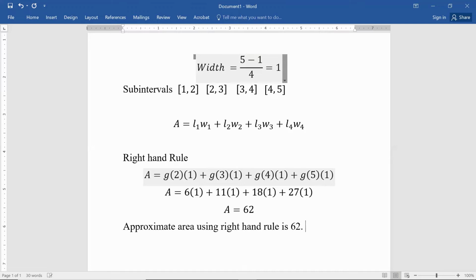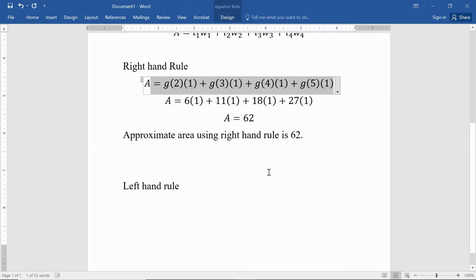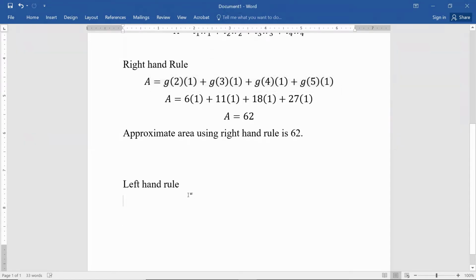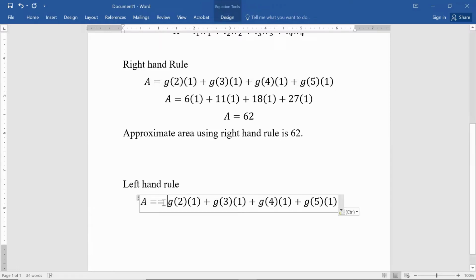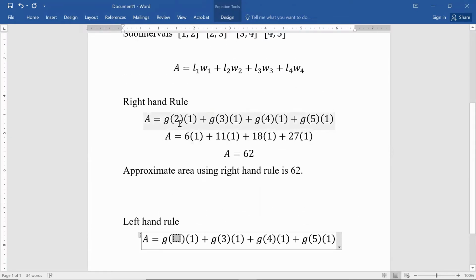Let's go ahead and look at the left-hand rule now. The left-hand rule would say, instead of utilizing the right-hand values, we're going to use the left-hand values for all of our rectangles. It's a lot easier to copy and paste, so I'm going to do that. So instead of using 2 as the input for the height of our first rectangle, I'm going to input 1.